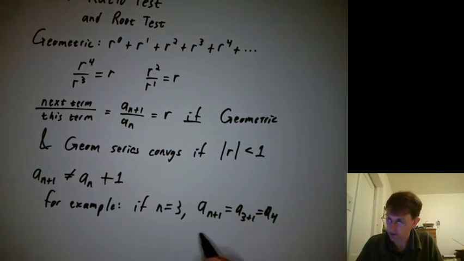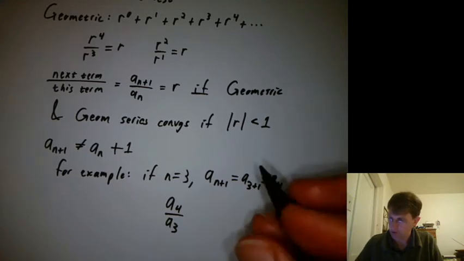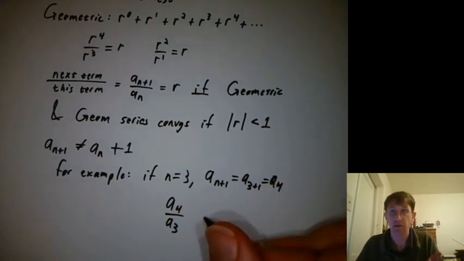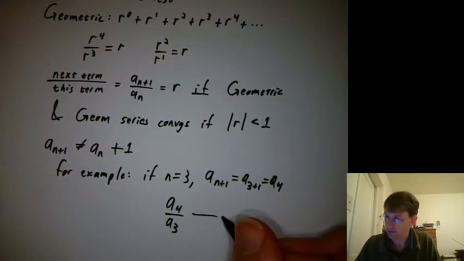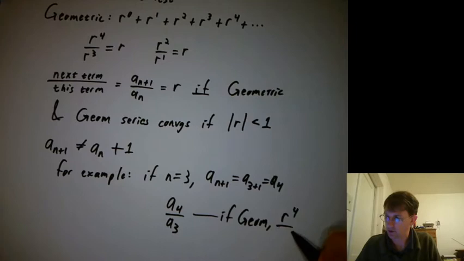So we're getting a sub 4 over a sub 3. And if it's purely geometric, then a sub 4 is r to the 4, a sub 3 is r to the 3.